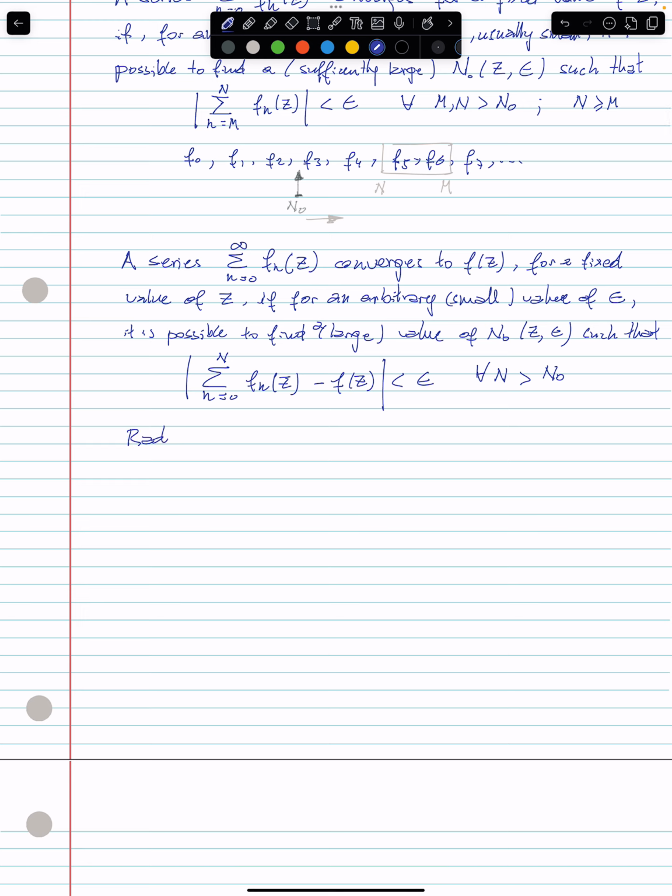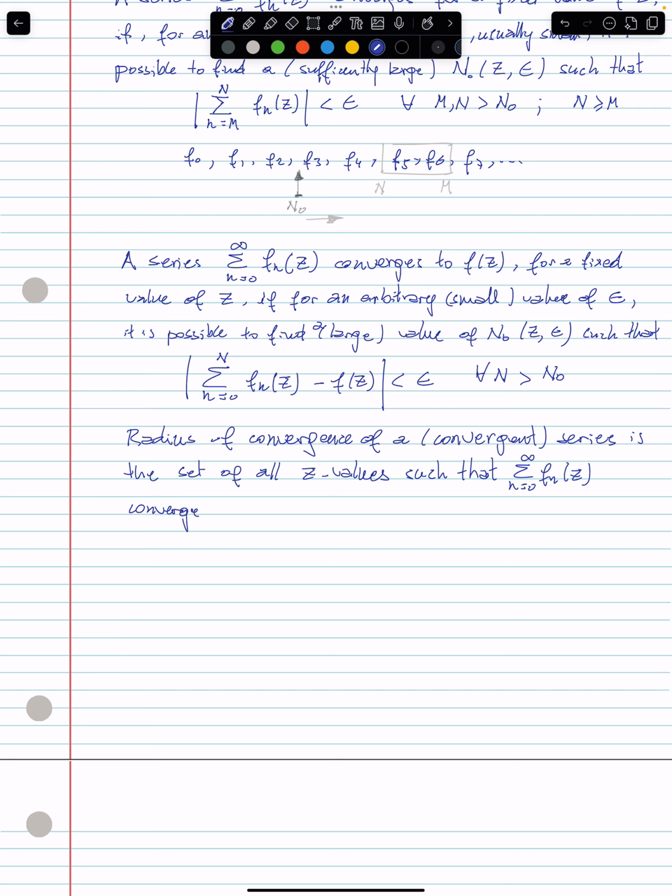The radius of convergence of a series, of course, it should be convergent, or we hope it is, is the set of all z values such that the series representation converges to f of z. All right.